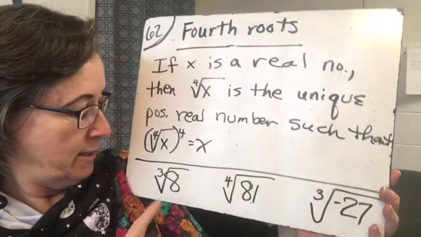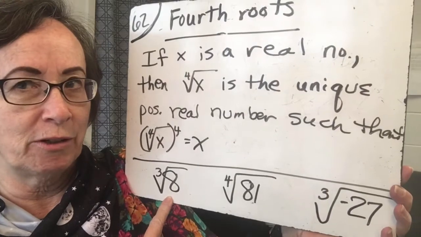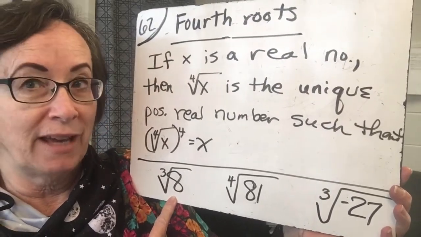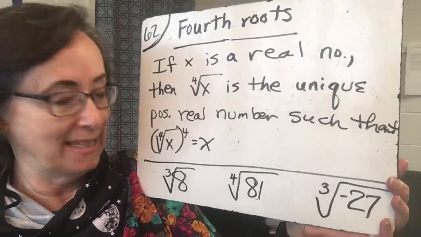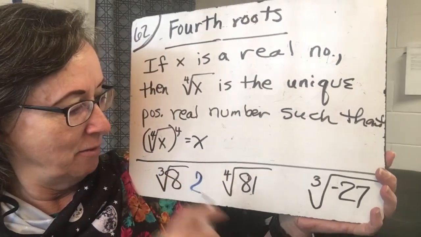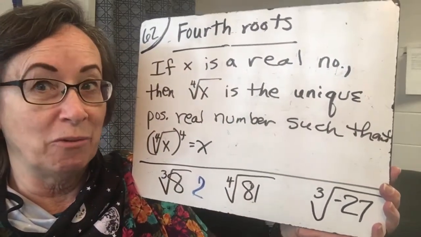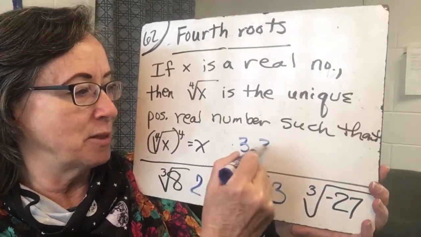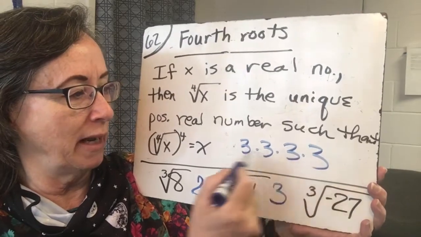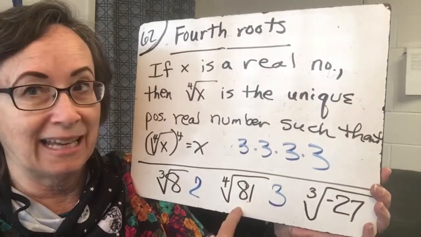Okay, so here's an odd root, the cubic root of 8. The cubic root of 8 is 2, because 2 times 2 times 2 is 8. The fourth root of 81 is 3, because 3 times 3 times 3 times 3, 3 to the fourth power, is 81.